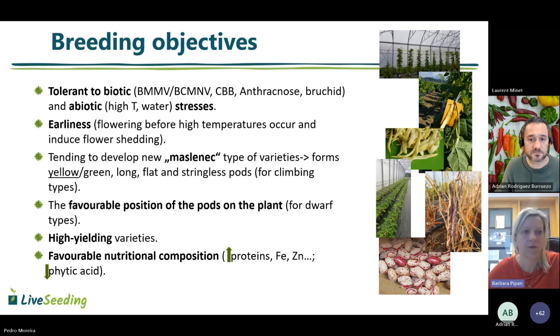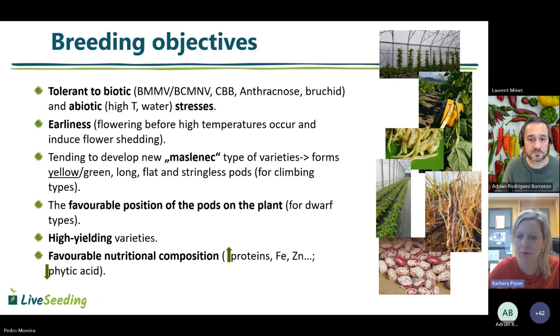And for the others, mostly snap beans and climbing beans used for fresh pods, this Central European area is very keen to use them.